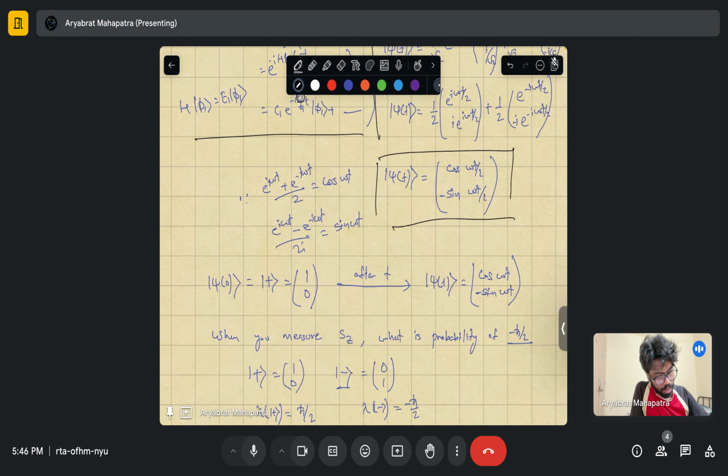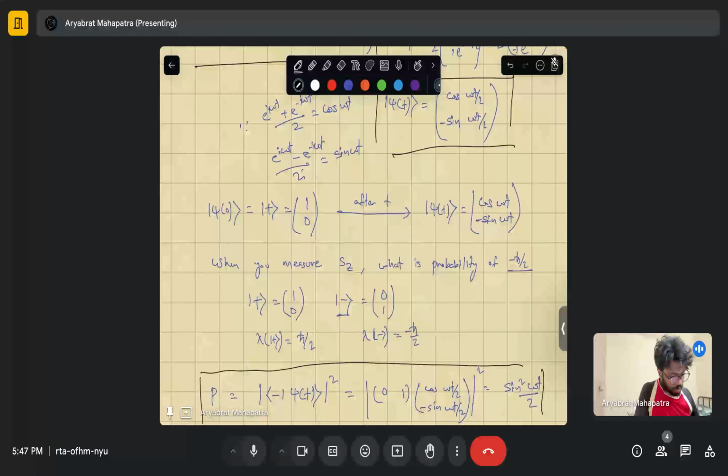No, after time evolution I wrote it in matrix form because at the end I have to take the inner product with this (0, 1).